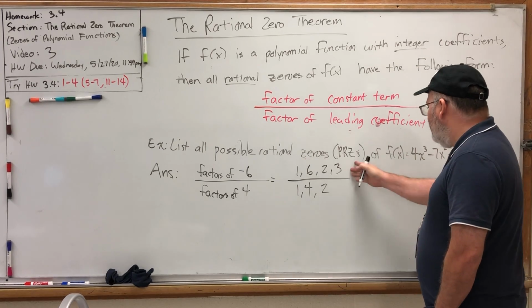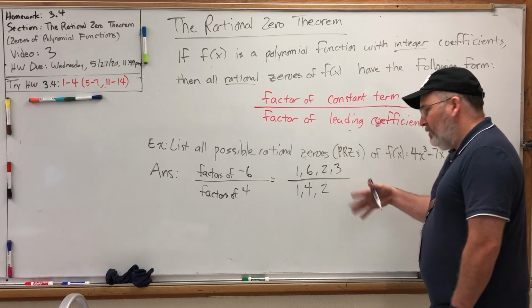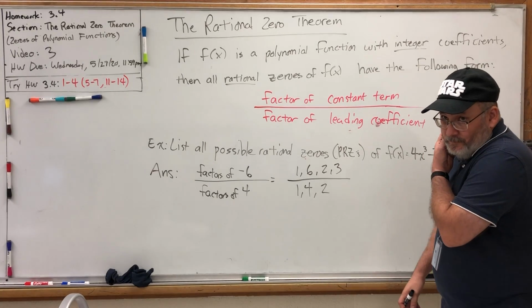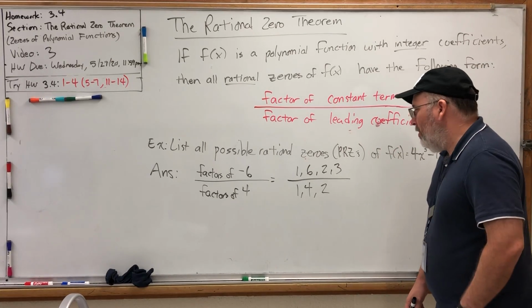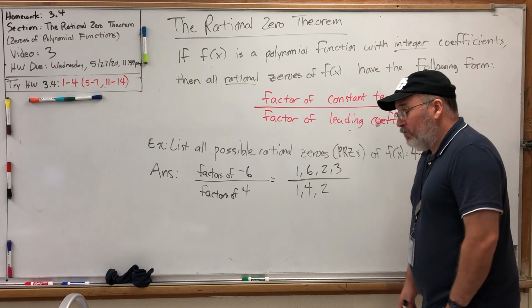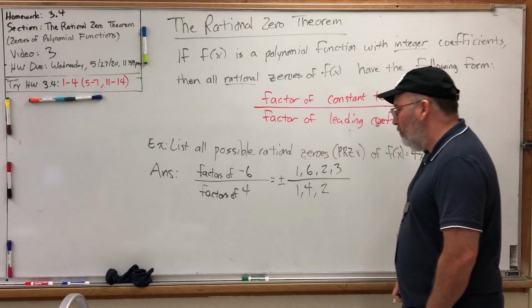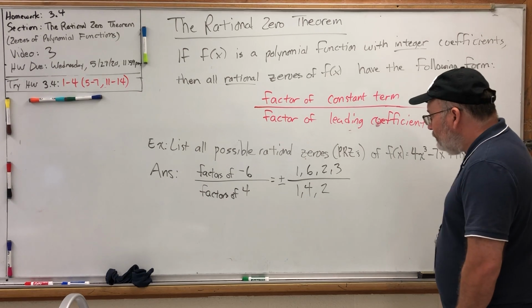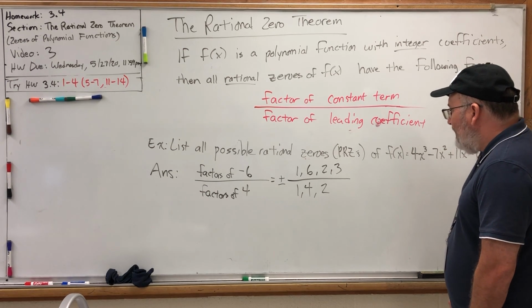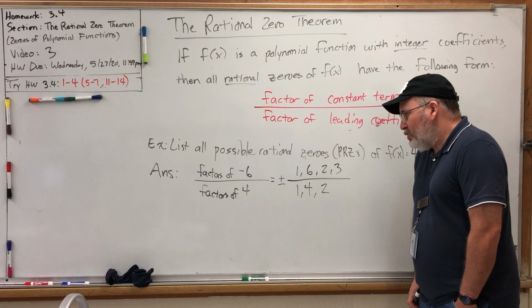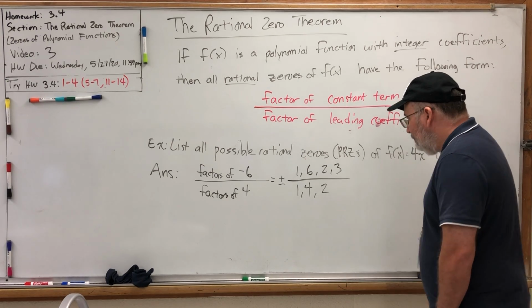So does that mean we have to double the length of the list up here and list all the negatives? You could, but there's an easy way to capture all the possible combinations of pluses and minuses, and that's just to put a gigantic plus minus in front of the whole list. So as we start making these fractions, keep in mind that each one is both positive and negative.